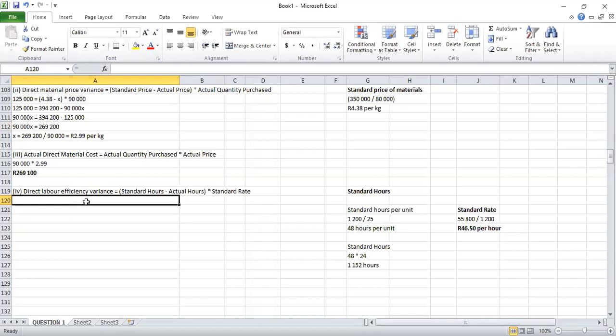Our standard hours are 1,152 minus the actual hours. Let me just check if we are given the actual hours.